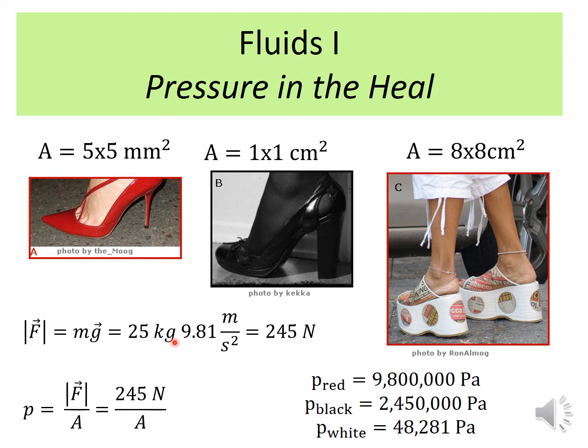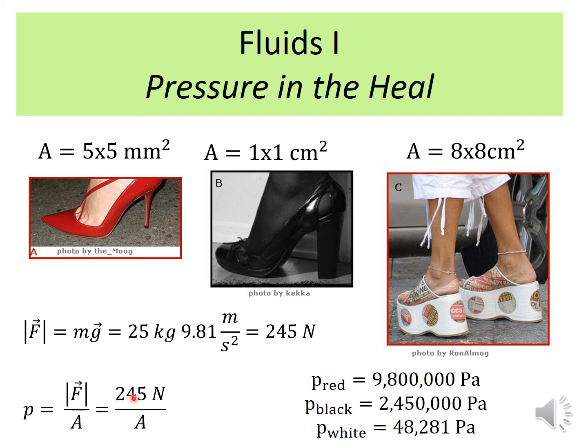So for the 50 kilogram person, we just take half of the person's mass and multiply it with 9.8 meters per second squared, and then we get 245 Newton as the force which is going to be applied onto these heels. So what I need to calculate is the pressure by taking that force I just calculated divided by the area which it is put upon.